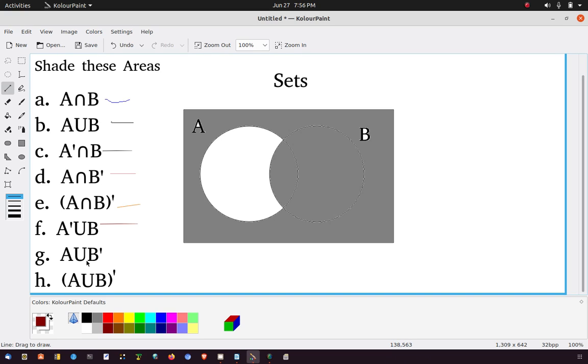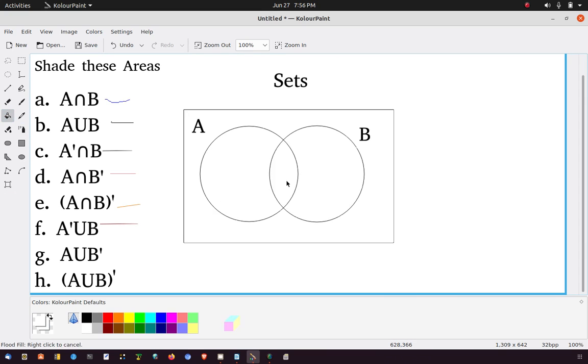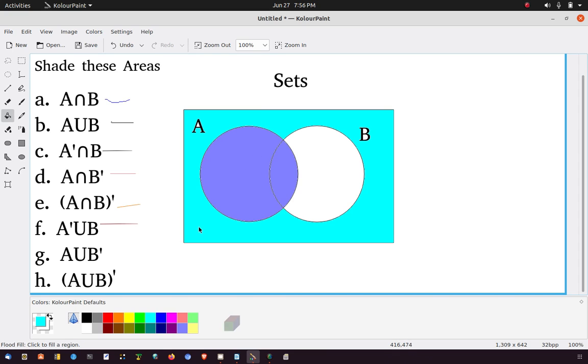Let's look at A union B complement. We clear all this. A union B complement. Now, the A union B complement, I first identify A. The areas that are in A are this and this. What are the areas in B complement? It's outside here.